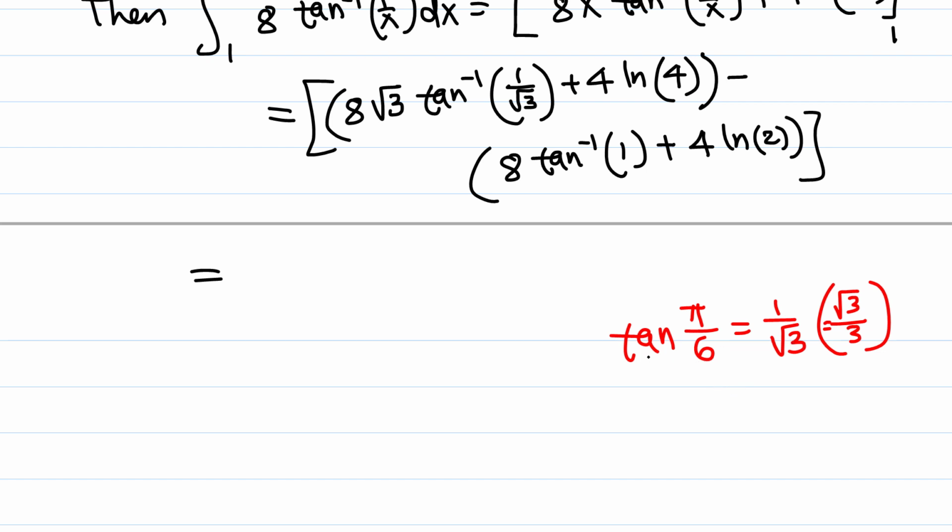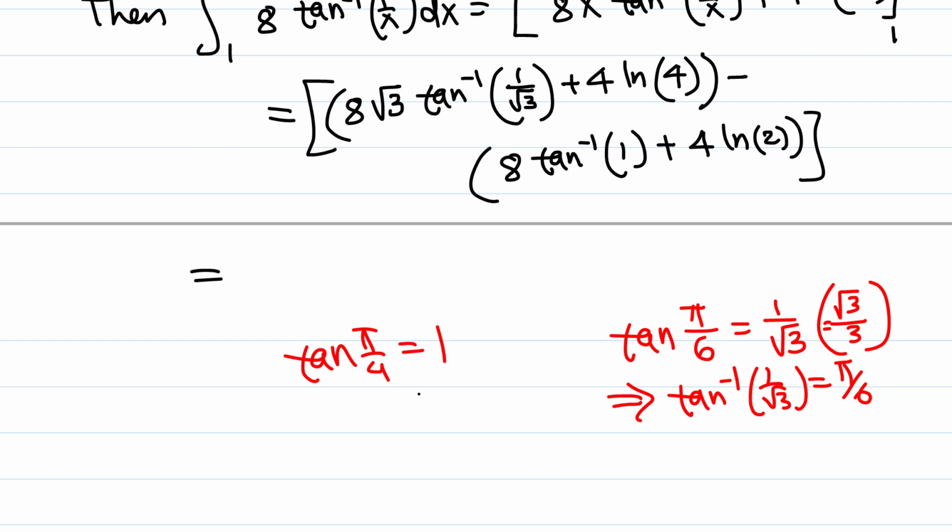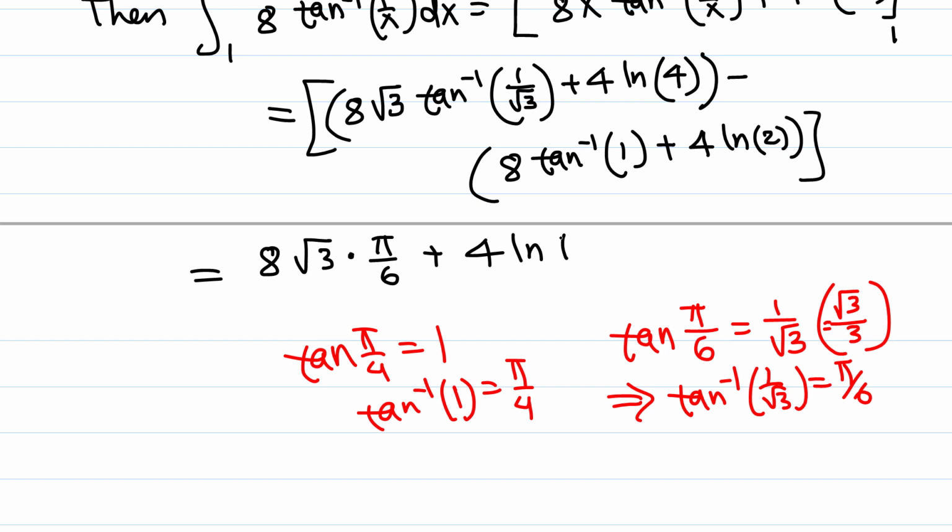That means tangent inverse of 1 over root 3 is pi over 6. In the same way, tangent pi over 4 is 1. That means tangent inverse of 1 is pi over 4. So here now this is 8 root 3 times pi over 6 plus 4 natural log of 4. Natural log of 4 is a decimal number, so I'm not going to do anything.